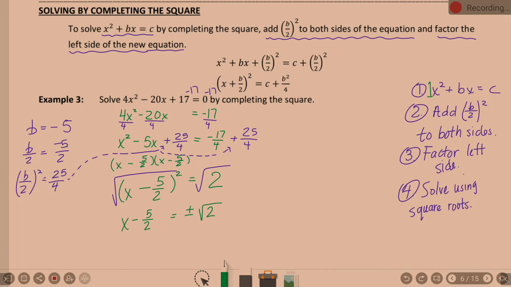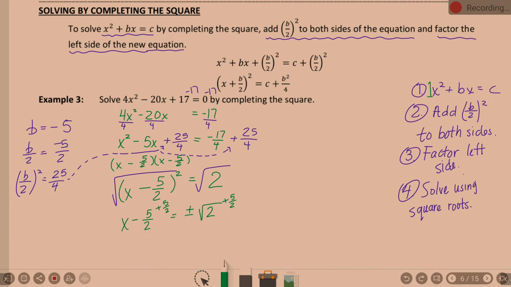No, I don't usually want a decimal in that scenario. I'm usually still looking for just the square root of 2. But don't forget, we took the square root in equation study, so plus or minus. Final step. Okay. And we're going to do that by adding 5 halves to both sides.